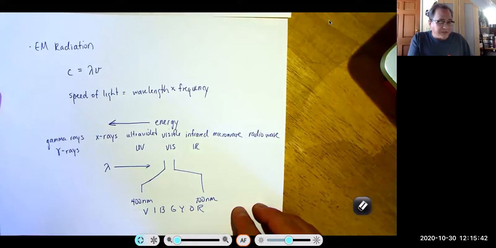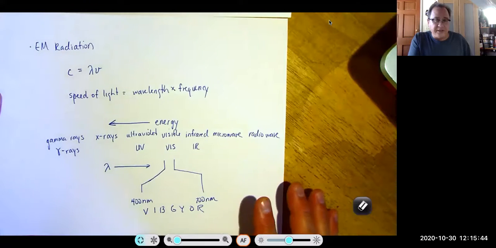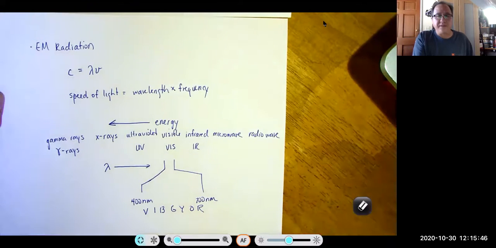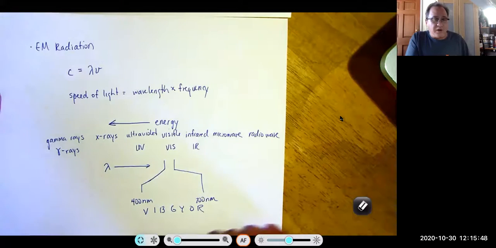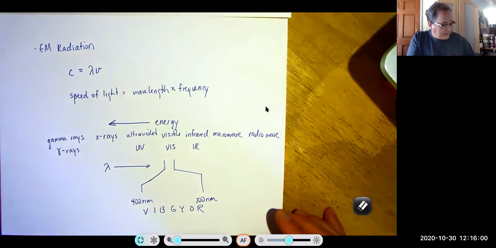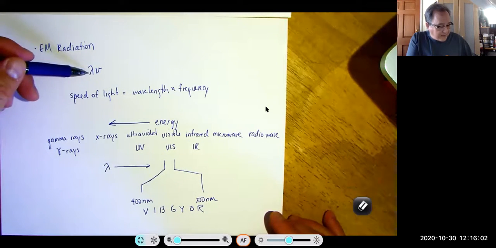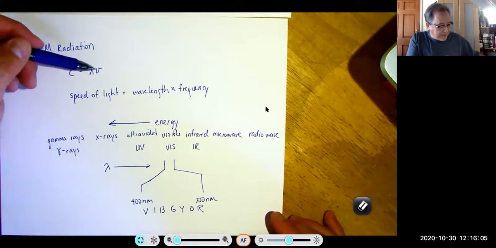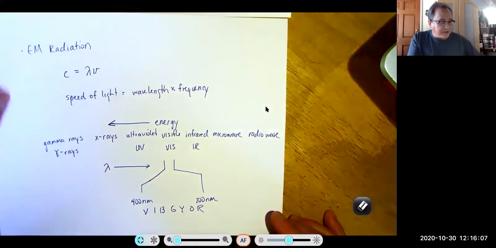Okay, so do you understand this first section? The important parts of it, the things that you might want to know. So you should be able to use that equation, c equals lambda nu. So I'm just going to make up a problem.